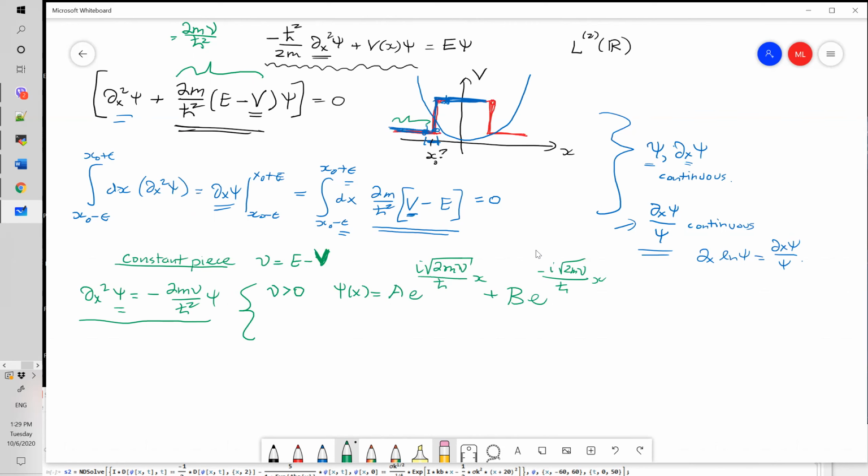So there should be some momentum associated with the particle, and it's just moving in a flat potential. So the potential doesn't do anything. It just tells you what the kinetic energy is. It's the total energy minus the potential energy. And so there should be two different kinds of particles that have that kinetic energy, right? It's ones that are moving to the left and ones that are moving to the right. And that's what you get. You have the ones that are moving to the right and ones that are moving to the left with two different momenta, plus or minus, to the left and right, square root of 2m nu.